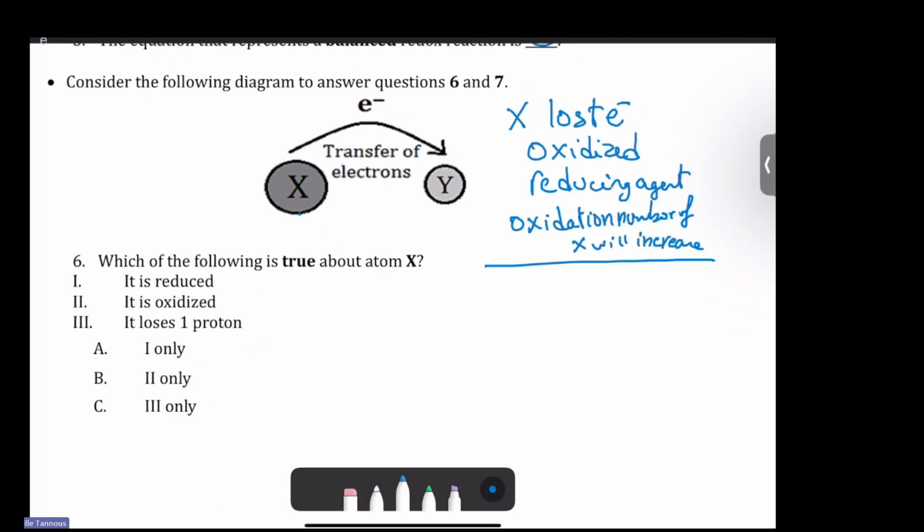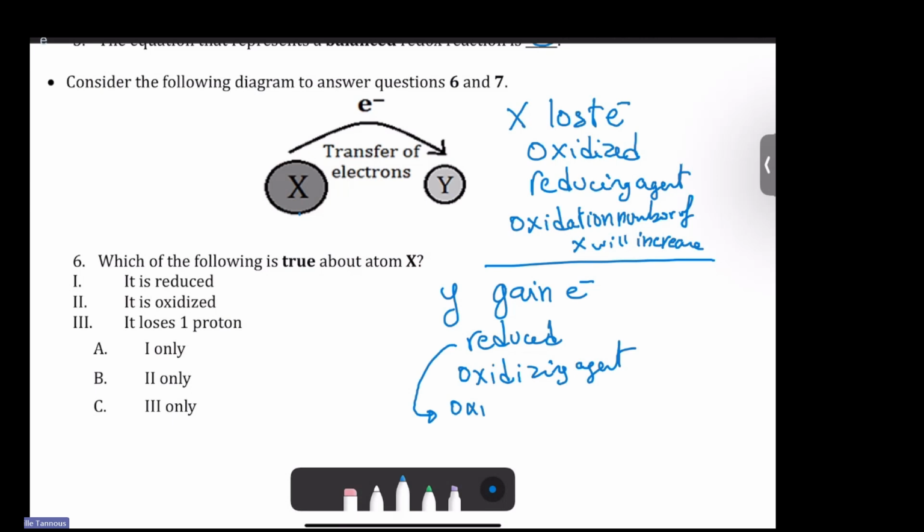Now let's talk about Y. Y gained electron. Y got reduced. Y will be called an oxidizing agent, and because Y got reduced, the oxidation number will decrease. These are basic concepts that never change. So they want to know about X. X is oxidized.